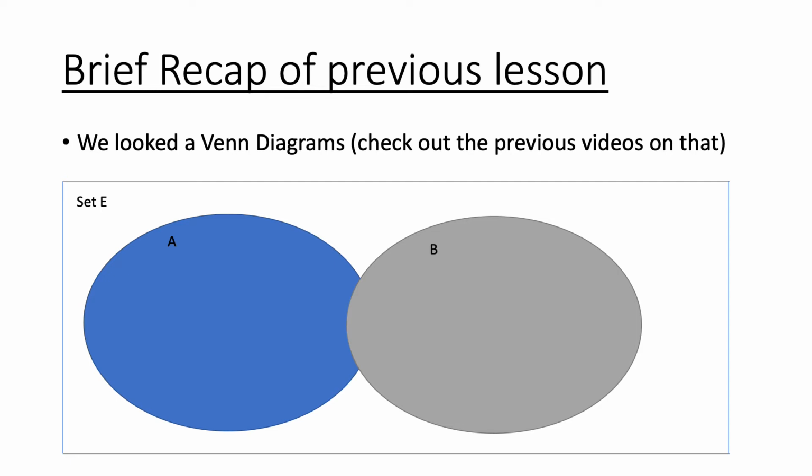So that's the intersection, which is A and B, and that's the union. Everything else, outside the circles, is neither A nor B. The set E is everything, so the box and also the circles. So that's a little summary.